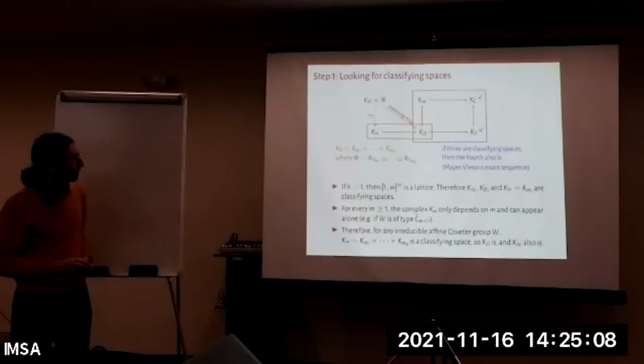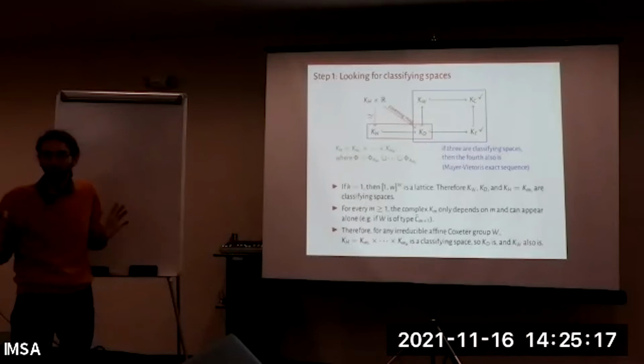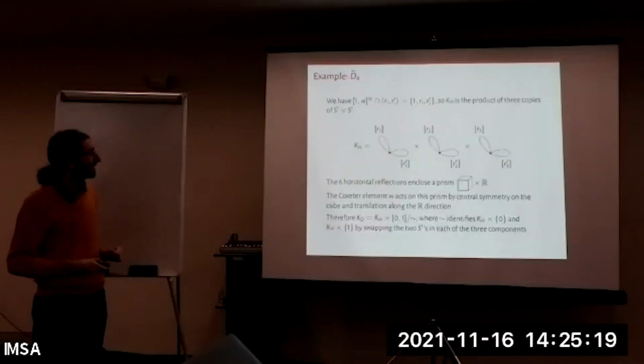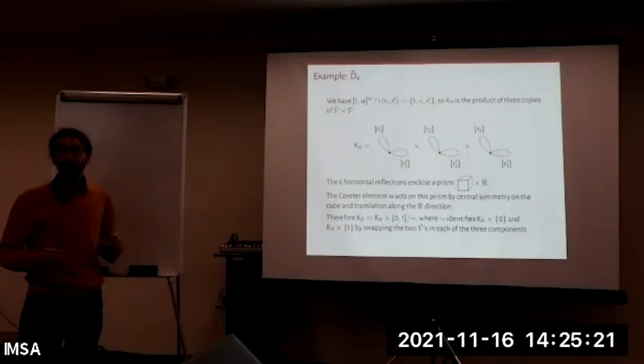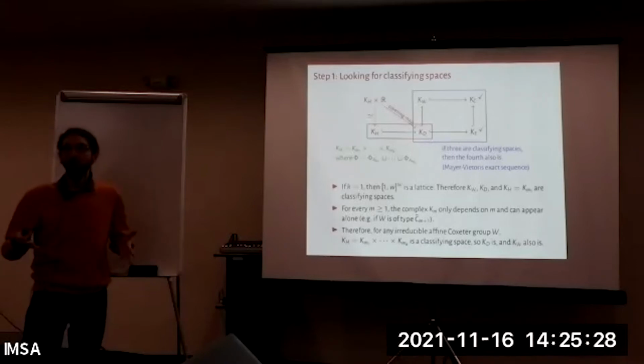So this example, either you actually follow it, which is plausible, or at least it's to tell you that given an explicit example, KH and KD are actually small enough and easy enough to construct that we can understand.